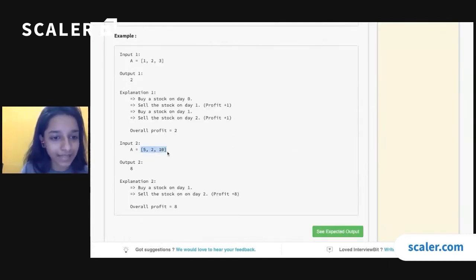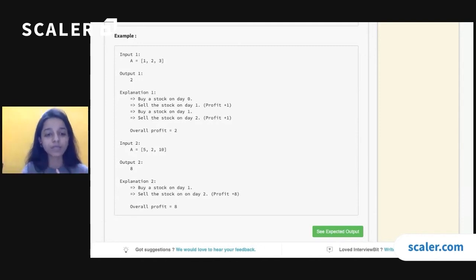If we look at the next example, we buy the stock on day 1, that is at a cost of 2, and sell the stock on day 2 at 10. So the profit is 10 minus 2, that is 8. We can buy and sell multiple times, but the constraint is that we cannot keep buying stocks and storing them with the intent of selling later.